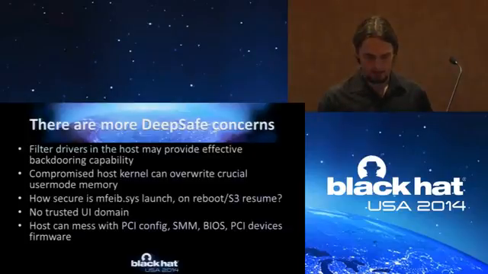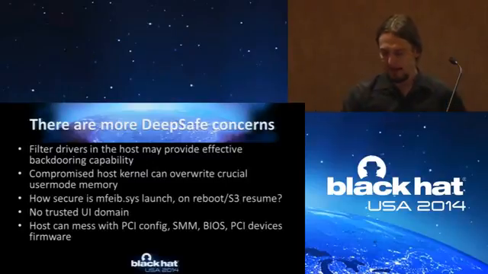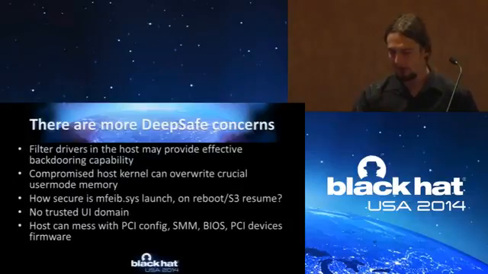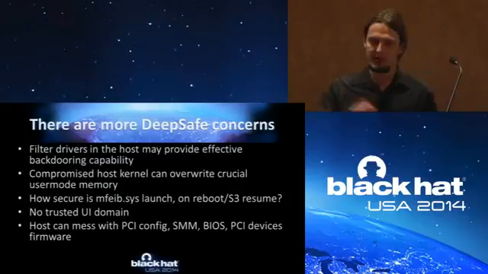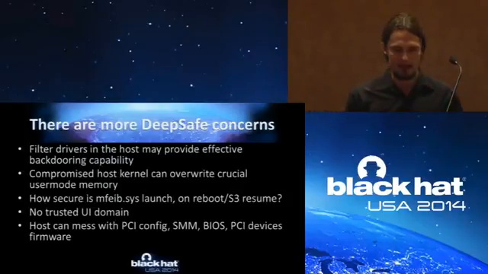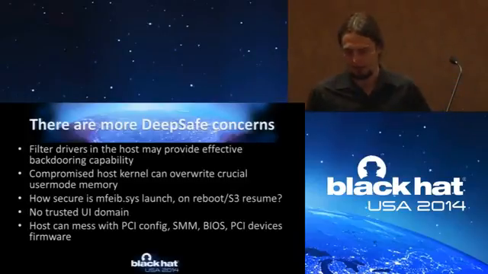Okay, just to let you know, there are other concerns about how DeepSafe works. Again, the main problem with DeepSafe is that its purpose is not to isolate malicious code, right? Previously, we said that hypervisors are good at isolating malicious code in the VM, and we don't care what happens in the VM. Even if it's compromised, it's isolated, so it cannot affect us, right?